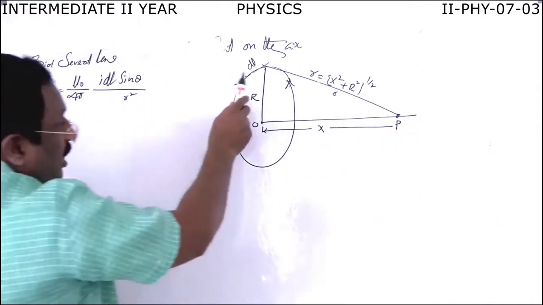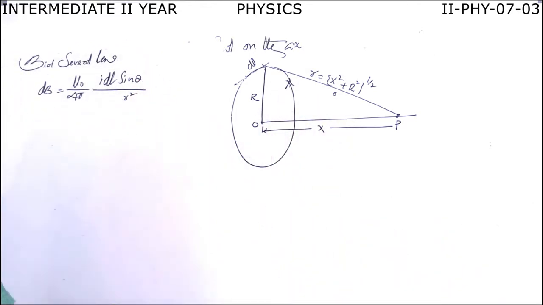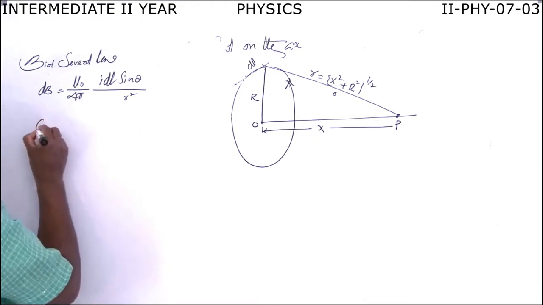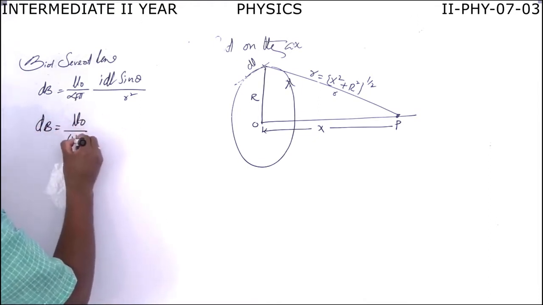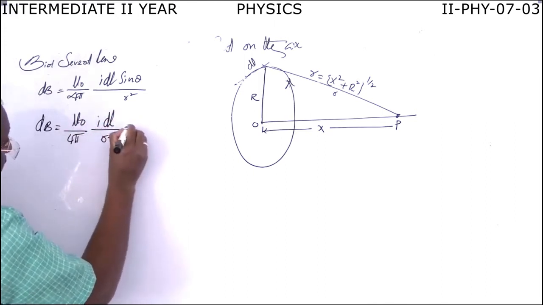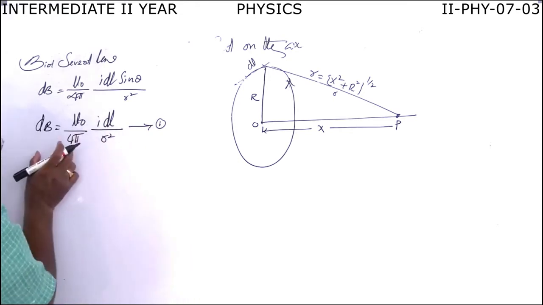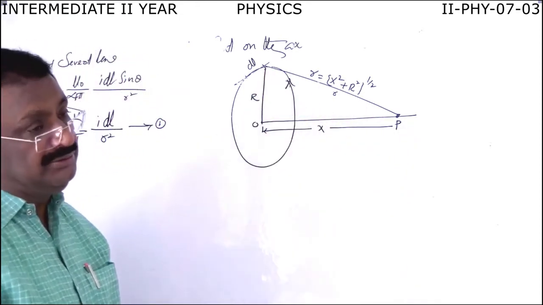If these two are always perpendicular, then sin theta becomes 1. Then we can write the same equation, mu naught by 4 pi I dl by r square. This is the magnetic field at this point due to this small element.